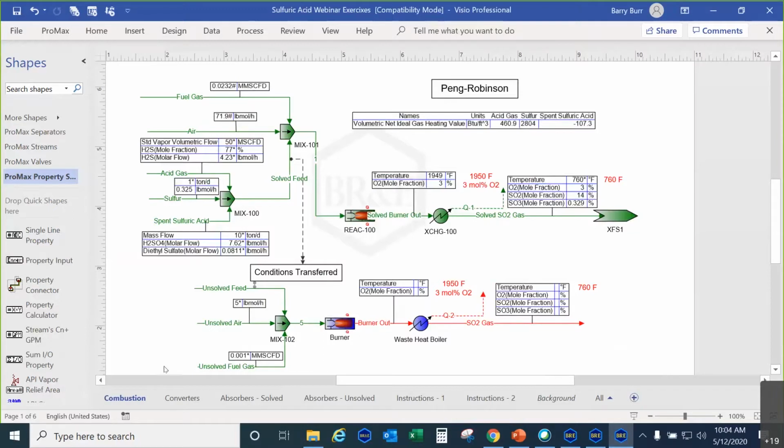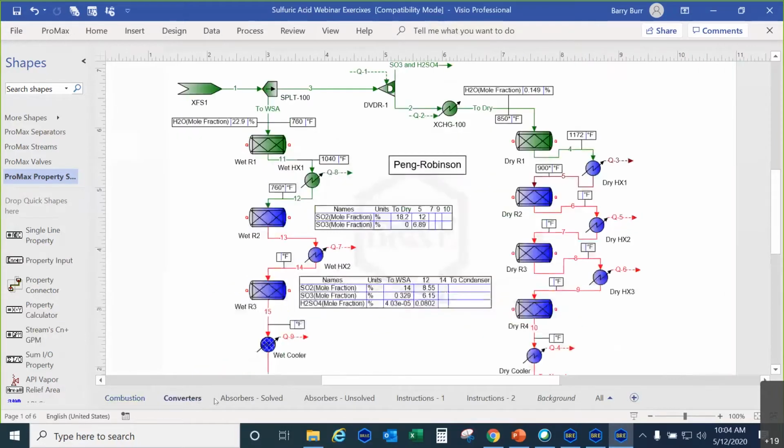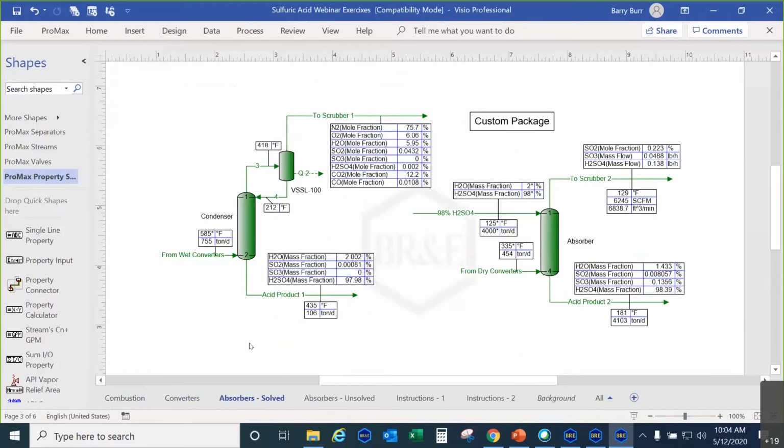These are the combustion section, where you burn your sulfurous feedstocks, and then the catalytic converter sections, where you react SO2 with oxygen to create SO3, and then the absorbers, where you contact sulfuric acid with water, or SO3 with water, to form sulfuric acid.